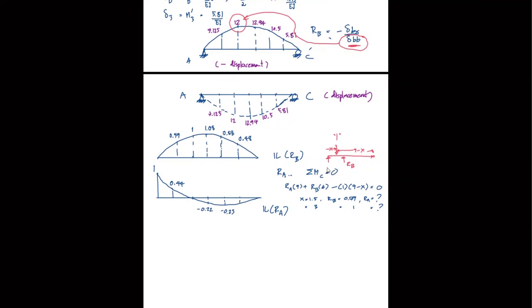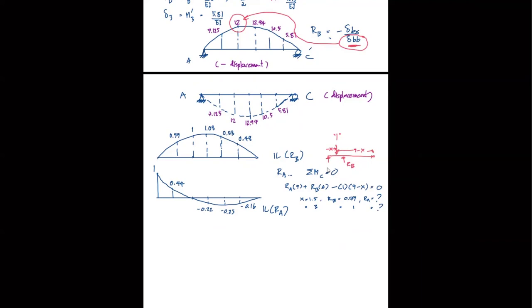And this is minus 0.16, roughly. See, the point is just to solve one unknown, and so your entire structure becomes determinate. And once we have that, the rest is just, again, playing around with free body diagram and equilibrium. And now you have RB and now you have RA.